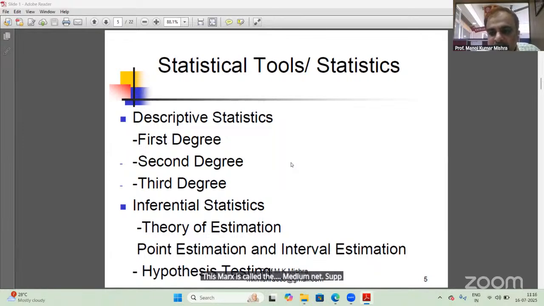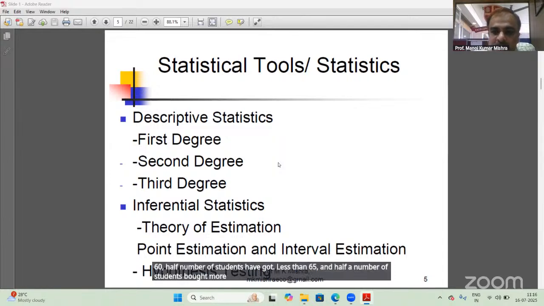Suppose the mean marks is 70 and the median marks is 65. Half the students have got less than 65 and half got more than 65.